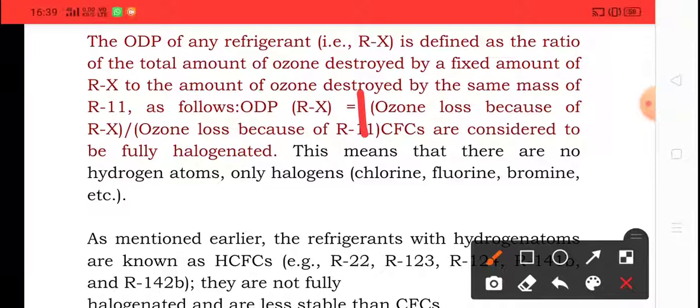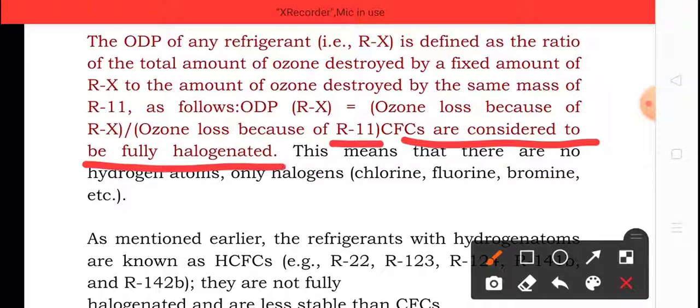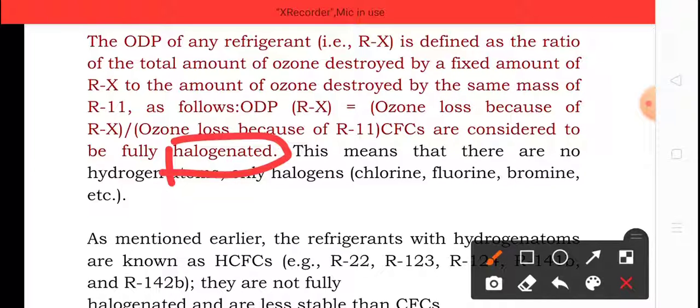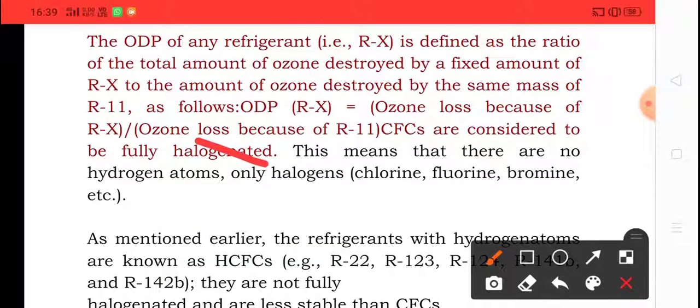Here it is given ozone loss because of R, means refrigerant, and ozone loss because of R11. Refrigerant CFC are considered to be fully halogenated. Halogenated means having the highest proportion of halogen. More halogen means, as discussed, more destruction of ozone. So we have to avoid the refrigerants with more halogen.